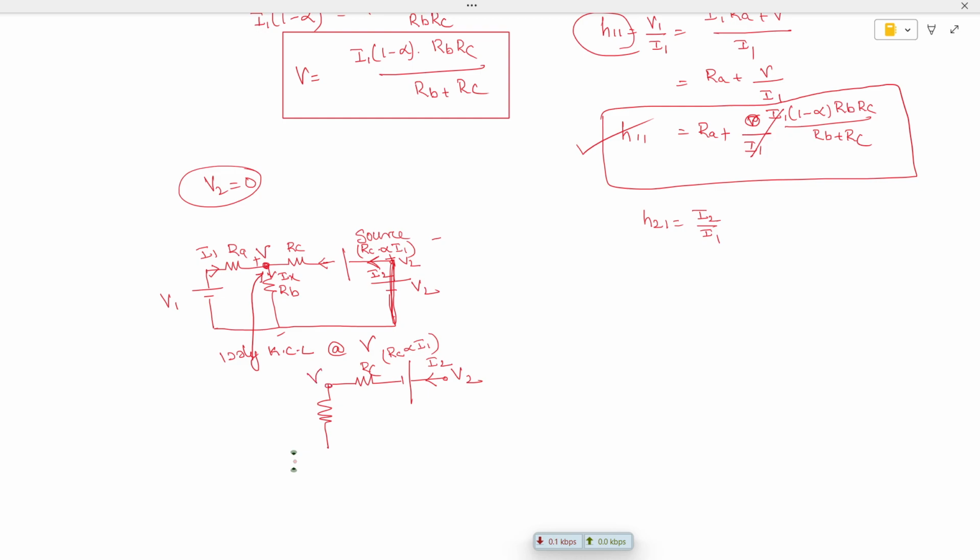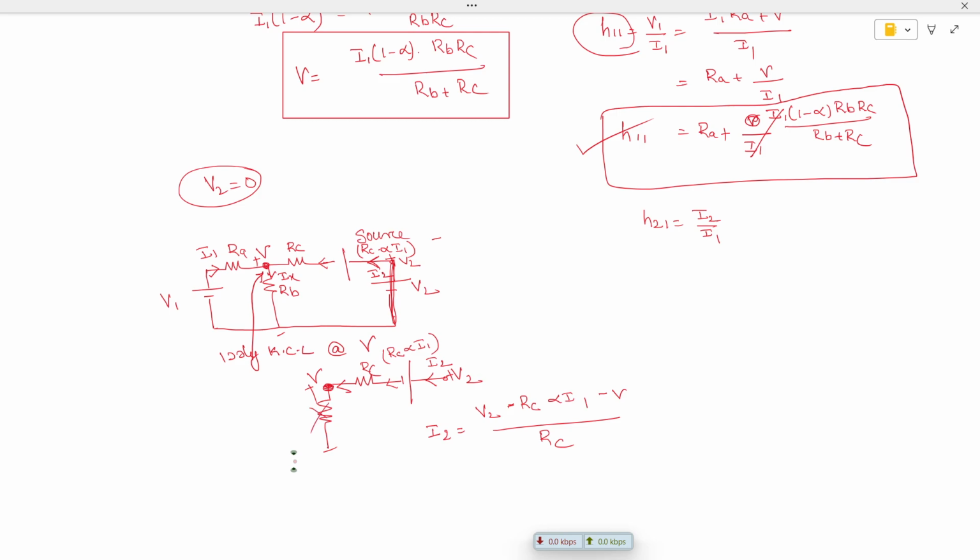So here I can write down I2 is equal to the voltage difference V2, minus RC alpha I1, and this is positive and negative, somewhere it is leaving, minus V divided by RC. So only up to this point I am writing. I am not considering this branch, because if I consider both, I1 plus I2 will be there.